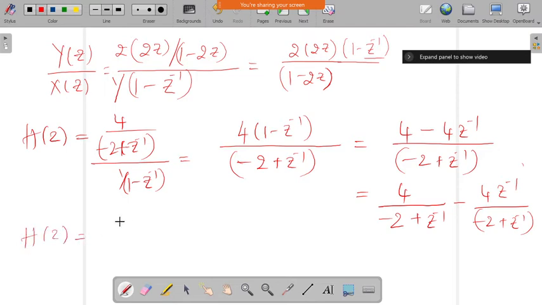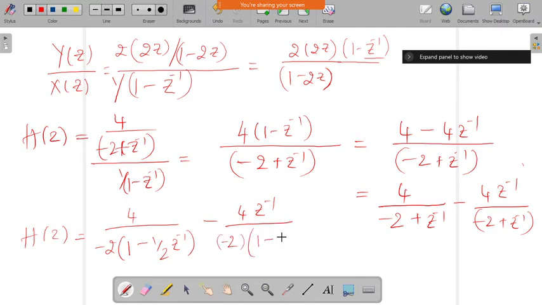So now h of z I'll write as 4 by minus 2. I'll take common, so we are going to get 1 minus 1 by 2 z inverse, and here minus 4 z inverse, again I'll take minus 2 common in this term, 1 minus 1 by 2 z inverse.